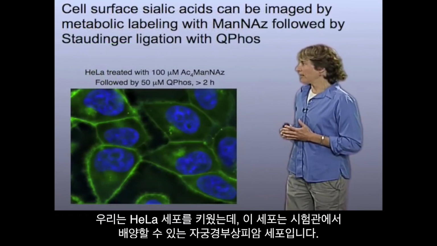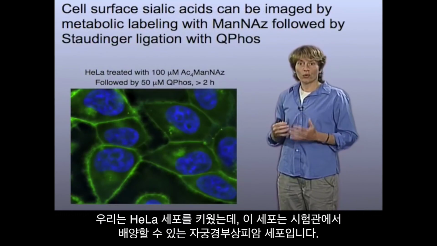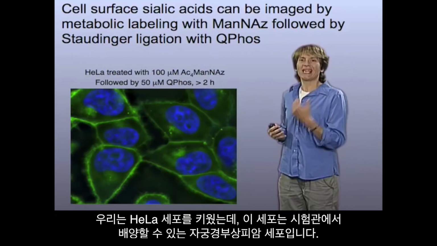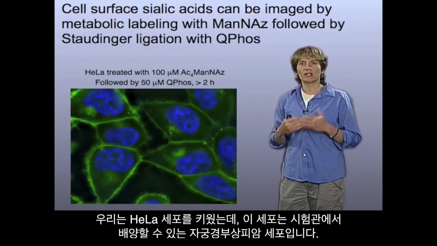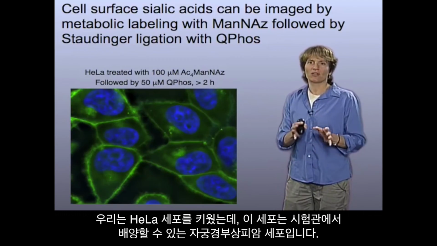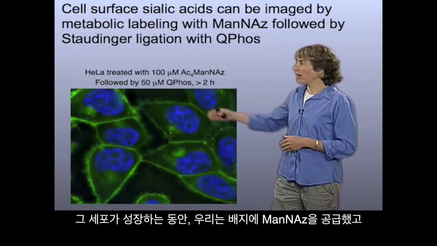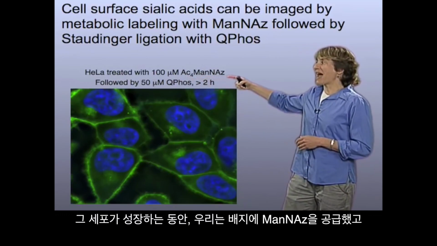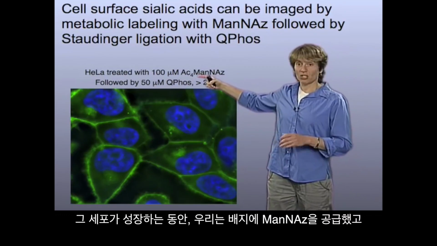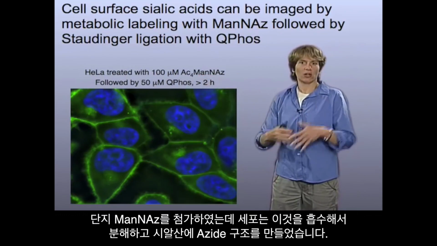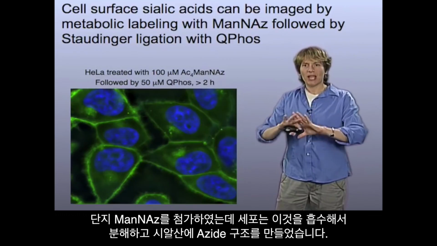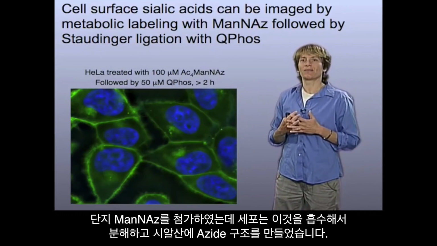So in this experiment, what we did is we grew some cells called HeLa cells. These are human cervical epithelial cancer cells that you can grow in a test tube. And while those cells were growing, we fed them ManNAz in the media. We just added it to their cell culture media. They took it up, they digested it, and they put azides into their sialic acids.